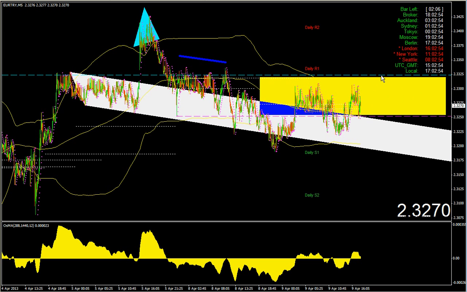If we get prices above 2.3324, I would prefer the long side. If we get prices under the weekly pivot line 2.3252, I would prefer the short side, for the next 48 hours until the end of the week.